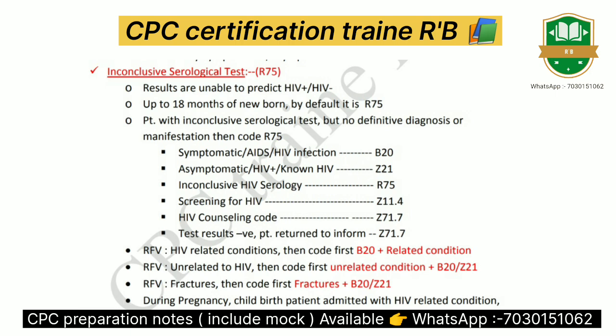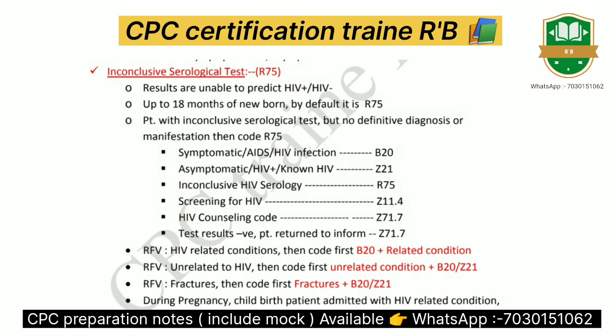code, HIV screening Z11.4, HIV counseling Z71.7, test result negative patient return to inform, then Z71.7. As like you can capture and you can find code through alphabet index.